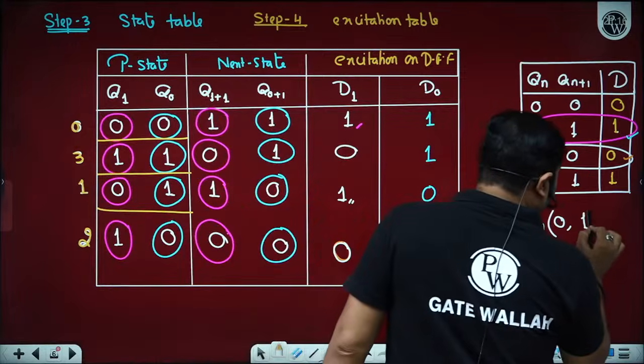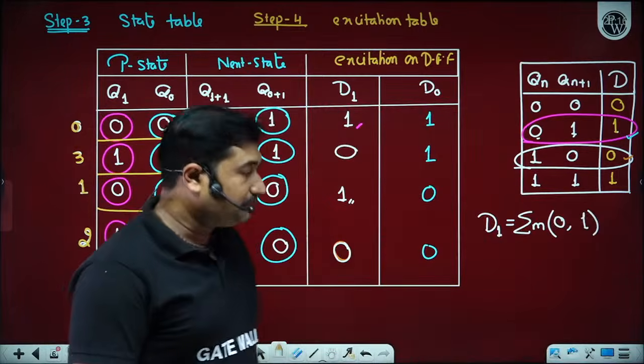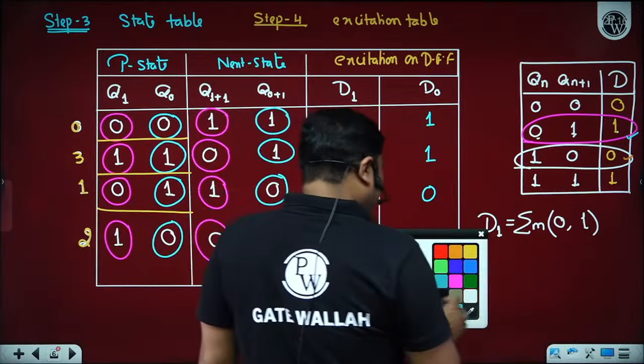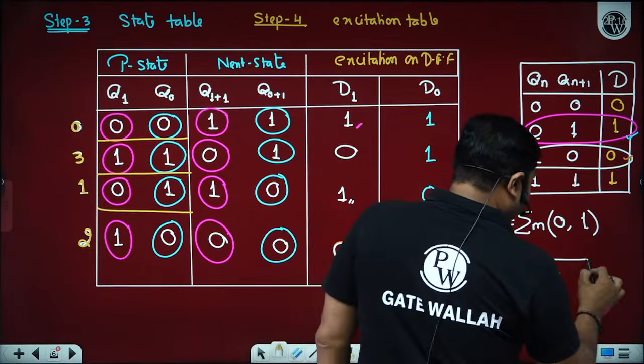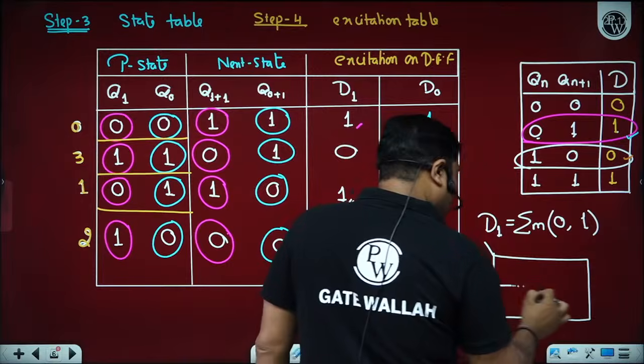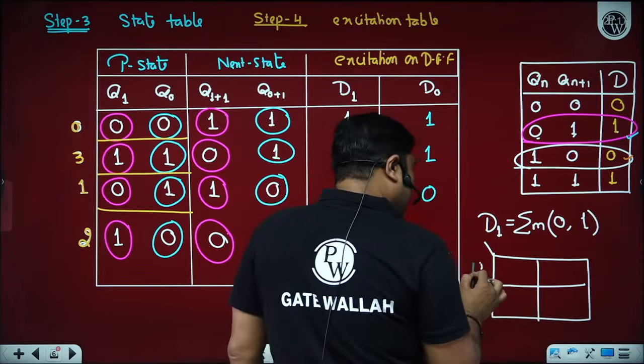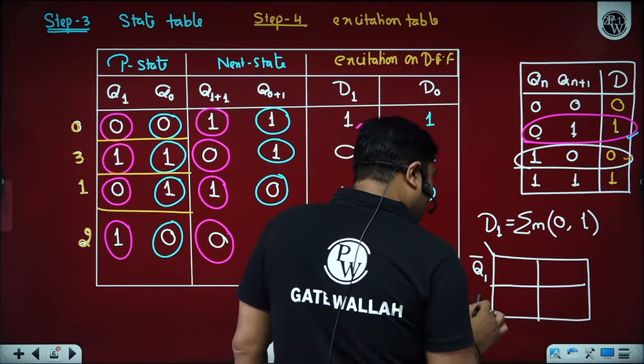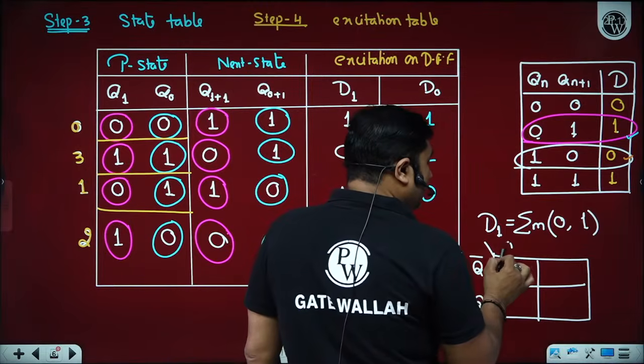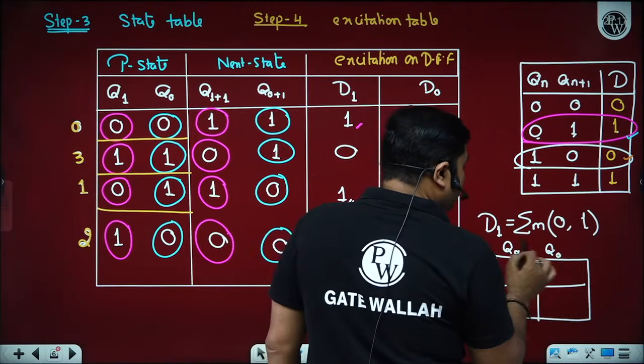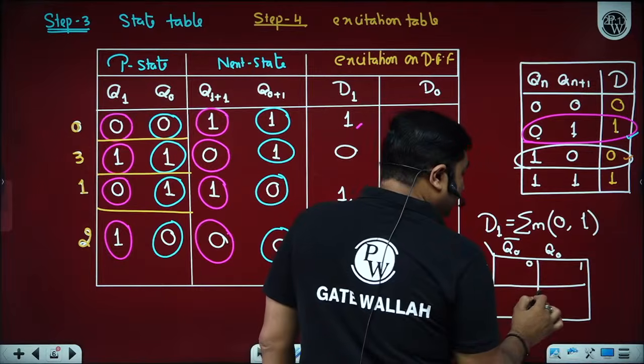So 0, 1. How many of you able to understand? Now we can do the minimization by using K-map. Q1 is the MSB, so Q1 complement, Q1, Q0 complement, Q0, 0, 1, 2, 3.